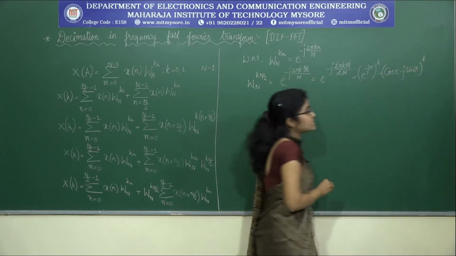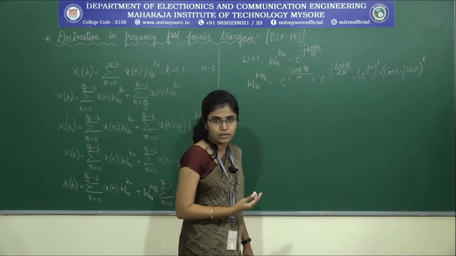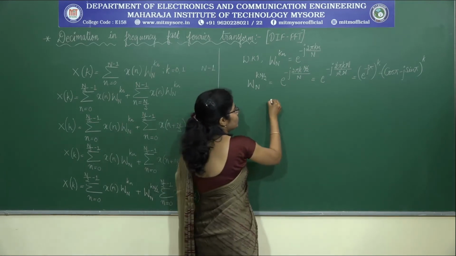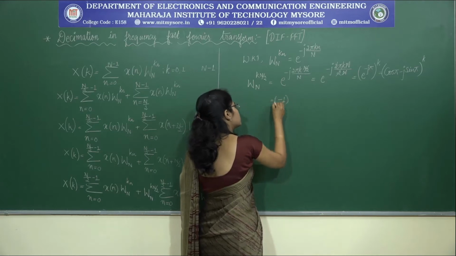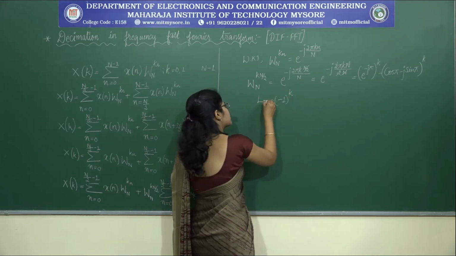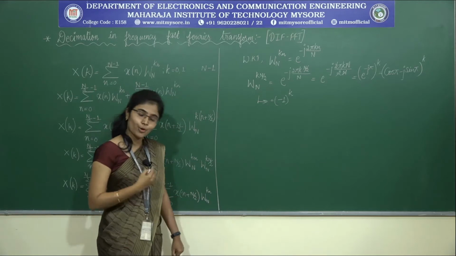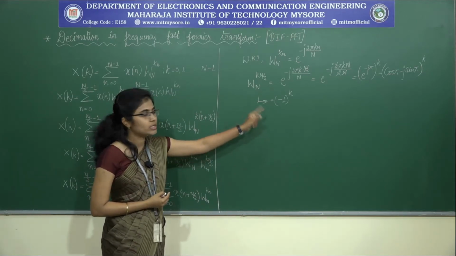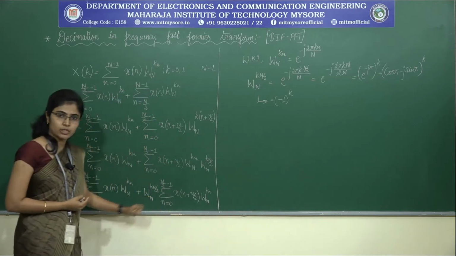So cos pi is minus 1, sin pi is 0. So the imaginary term goes. So what we are left with is minus 1 to the power of k. So instead of omega N to the power of kN by 2, I can write it as minus 1 to the power of k in this particular equation.